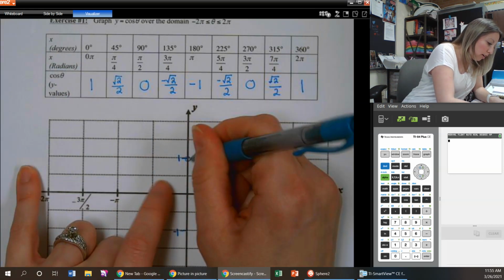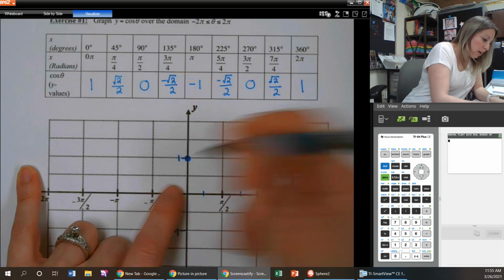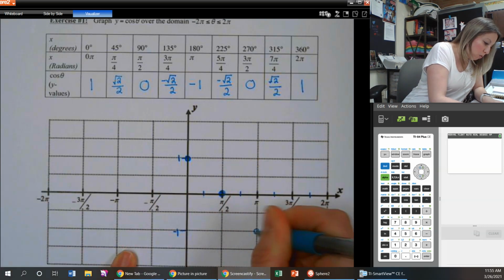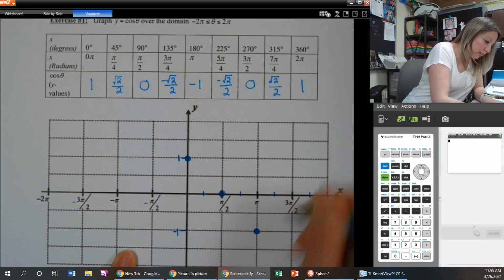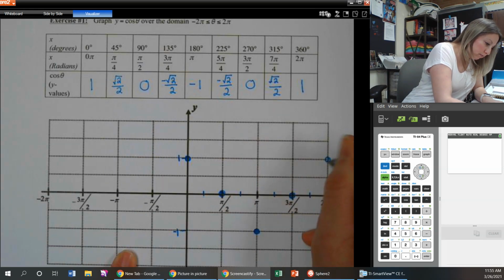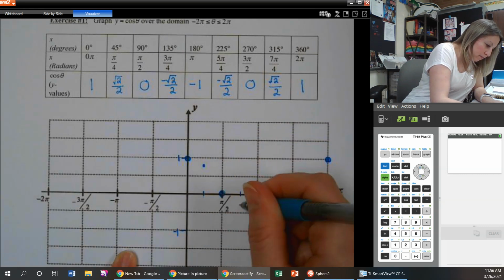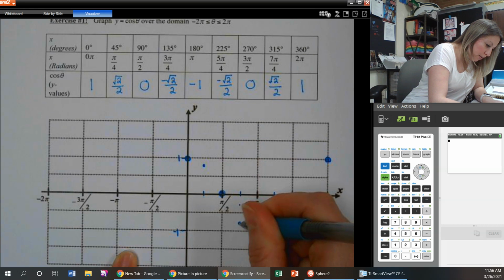So start high. And remember, this is your 0. That's 90. Your low is 180. Back to 0 at 270. And then 2 pi is up high again. And your interim, right here, sorry.